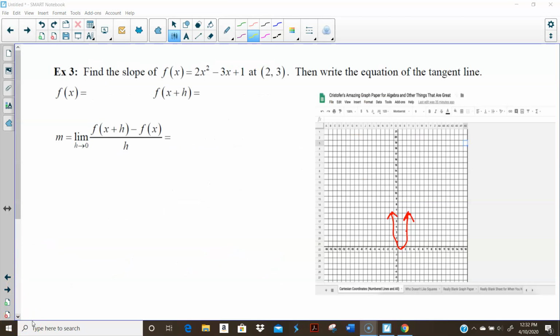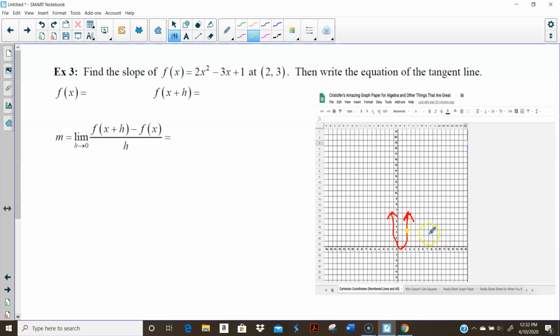So now we're going to use this formula to find the slope of the tangent line in a quadratic function. So now it's going to become quite powerful because with a quadratic function, the slope is always changing. So I drew this the best I could on here. But the question is, if I go right 2 and up 3 on this function, at that exact point, what is the rate of change?